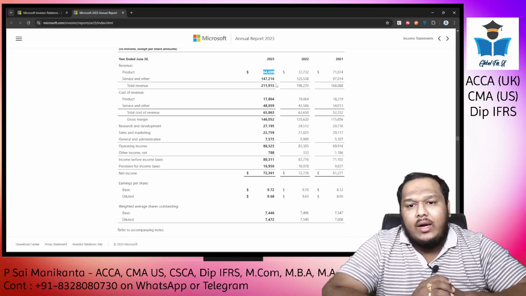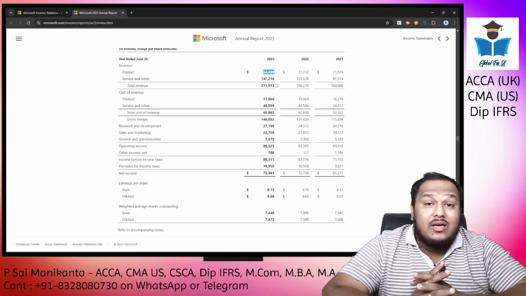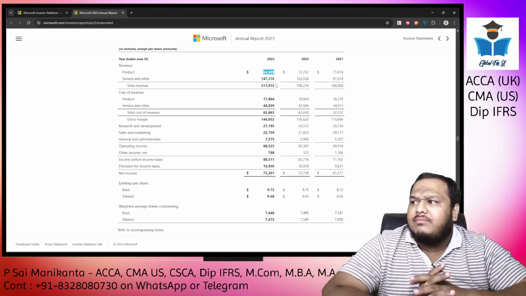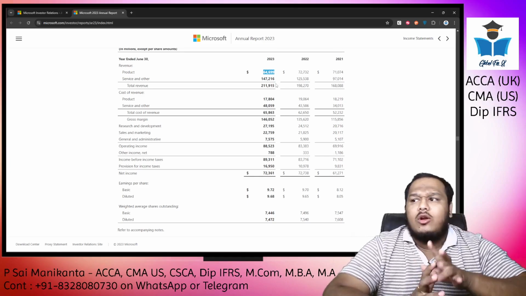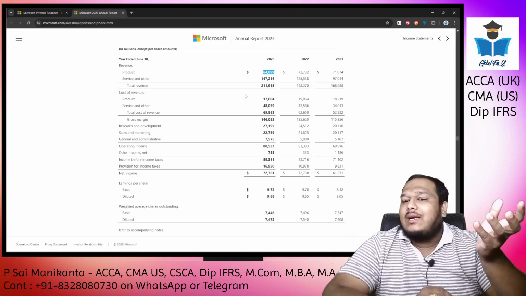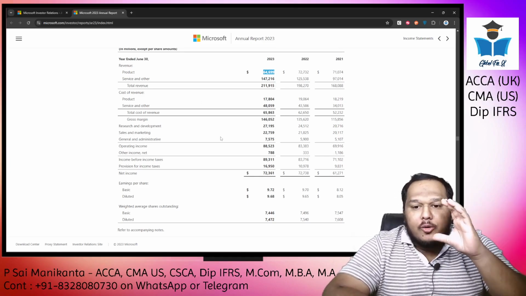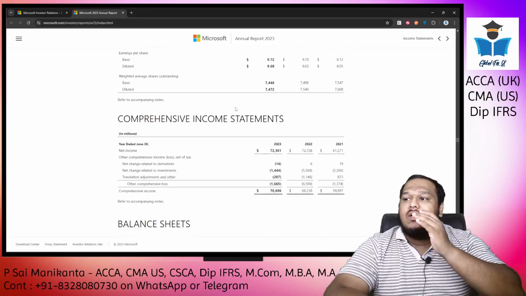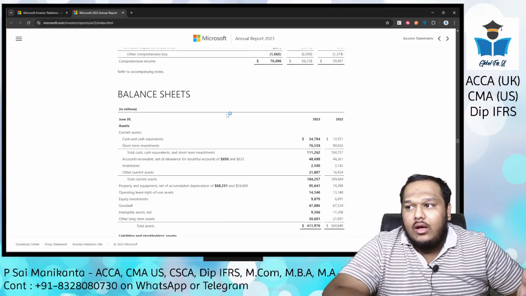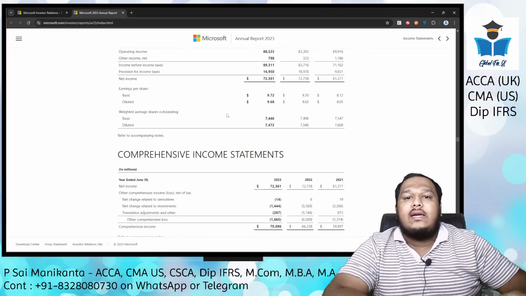So what happened? Why did Microsoft lose that $8,000 million? Is that some kind of a set off, or is there some issue, or did they discontinue one of their products? So what exactly happened, we are not sure. In the profit and loss, at that level we don't know. We need to understand in detail. Once we read through the entire notes to accounts and everything, then we'll get a better idea of it.